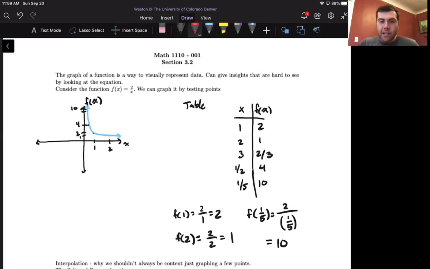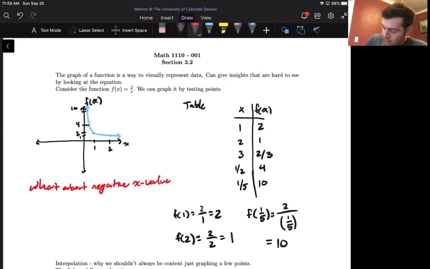So then a question is, what about negative x values? Well, if we plug in a negative value, we should just get the negative out, right? If we have f of -1, we get 2 over -1.